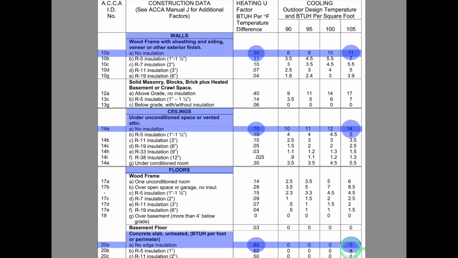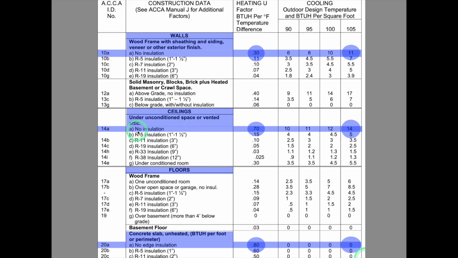This column here I have highlighted and circled with this blue circle here. We're picking 105 because our design condition was set at 103, so you can round up to 105 for the cooling outdoor design temperature. So 105 degrees, we are pulling in 11 BTUs in through that wall every square foot.